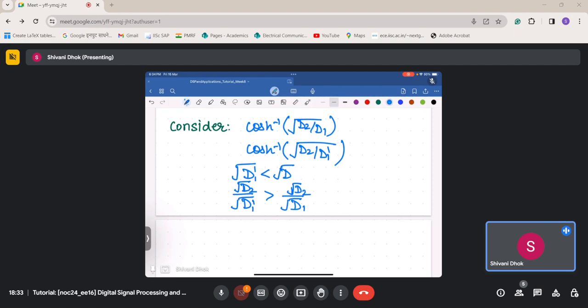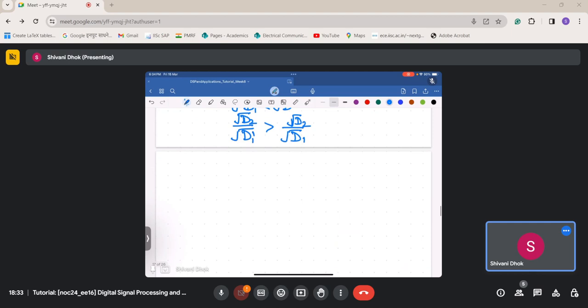Now, if I take cos h inverse on both the sides, the sign shouldn't change, because here d1 should be less than d2, which means that this ratio and this ratio both are greater than 1, and when this quantity is greater than 1, cos h inverse is monotonically increasing.